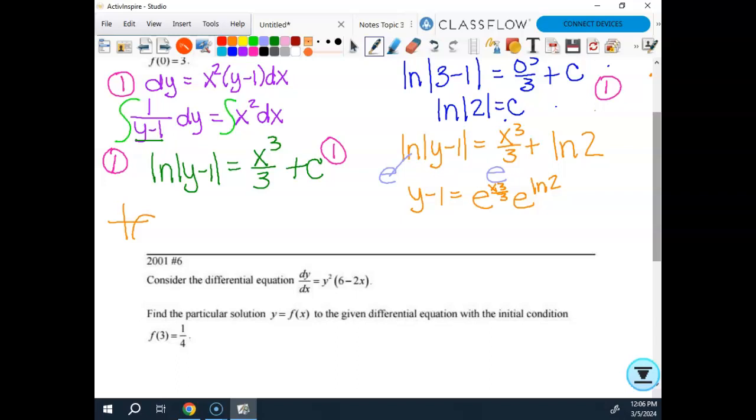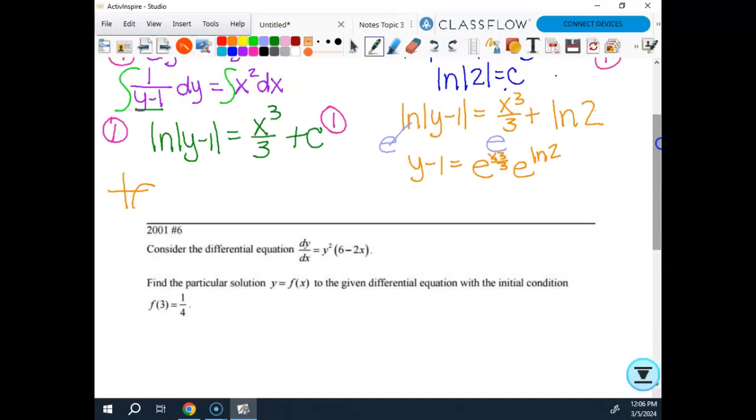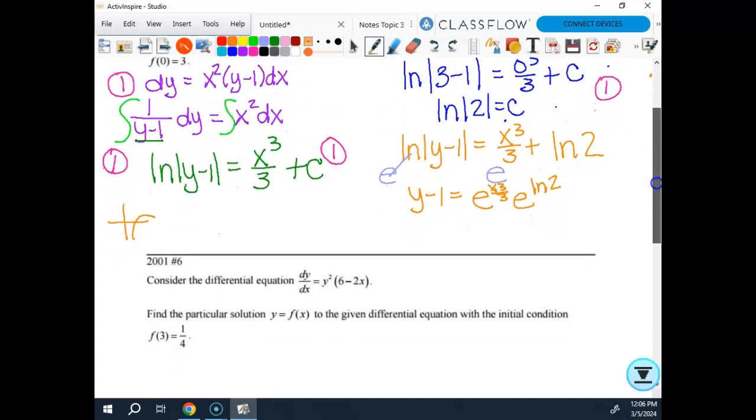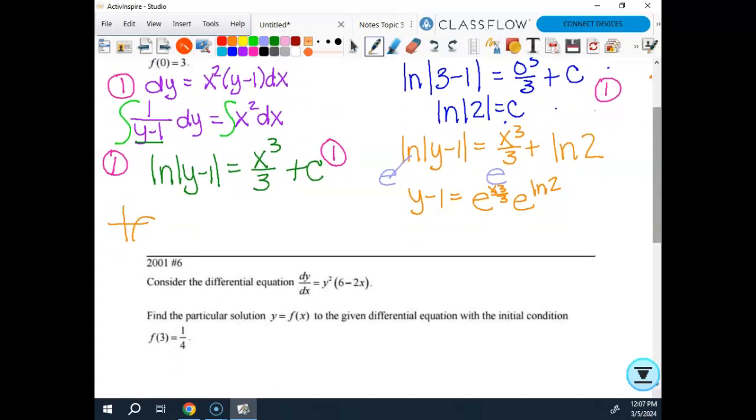Just like here, e to the natural log, this just became y minus 1. This right here, I don't have a natural log in there anymore, but I do have one here. So this part right here, this is just going to become 2. So I get y minus 1 equals e, well, let me put the 2 in the front. 2 times e to the x cubed over 3.